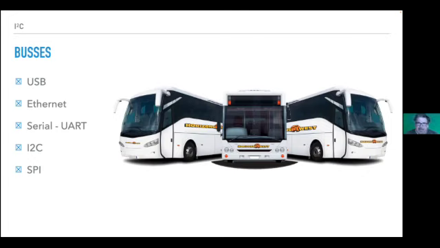Then we have a bus that's a little special, and that's the serial bus. That is something we also have on our device. But the problem with a serial bus is that you can only connect two things. You have something in one end, and something in the other end. If you want more on a serial bus, then you have to start implementing other kinds of protocols.